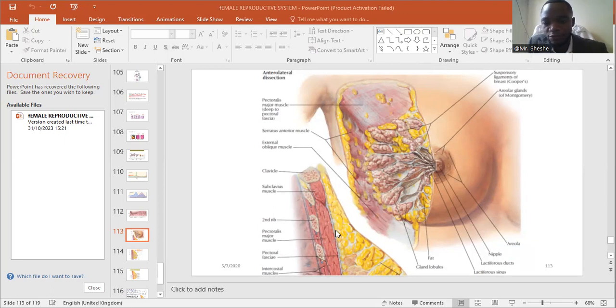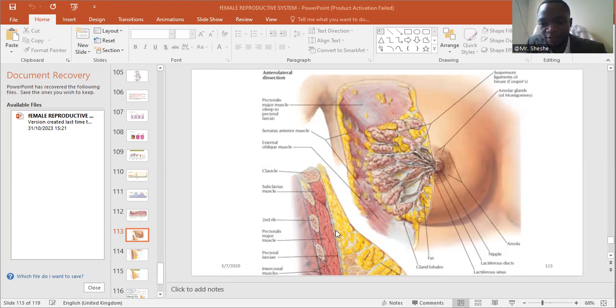So these hormones, at puberty, stimulate development or maturation of the mammary glands that we call the breasts. In addition to that, in utero, both male and female babies, the breast tissue develops in a similar fashion.